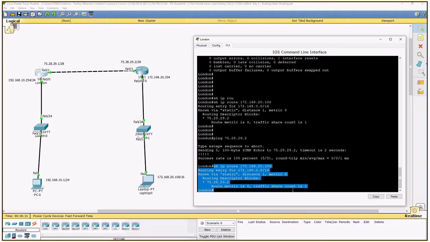Okay, in which direction? It may have different interfaces. It may be connected to the New York side as well, and to the Singapore side as well. Am I right? But it says, oh, I know 172.168.20.100, and it is connected to my next hop, my friend Paris.